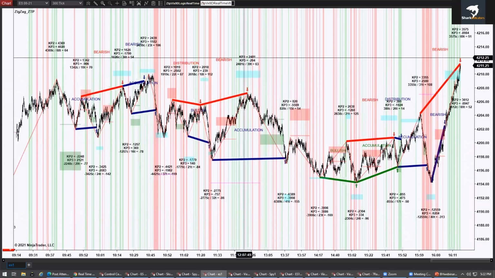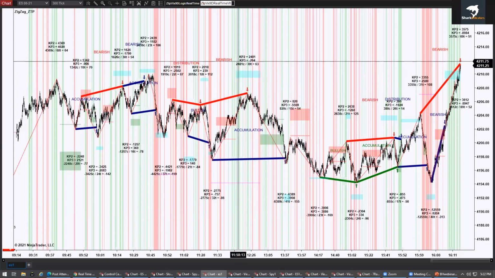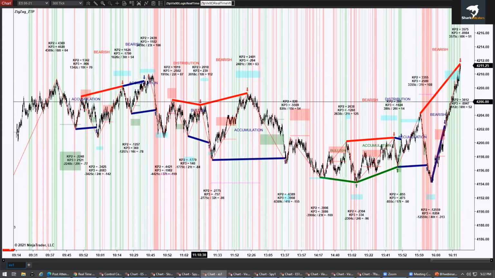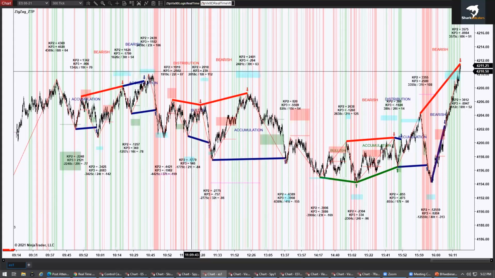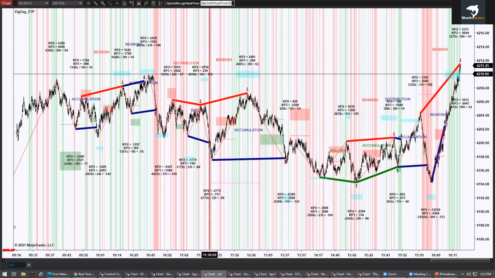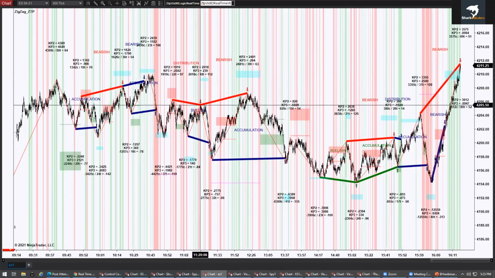Now, these numbers up here tell me how divergent it was. It was divergent by 294 contracts. That's this value that I call KP3 right here. This value of 112 at this distribution is very high, along with this 106 from back here. That's very high relative to the other numbers. And when you see these high numbers combined with a distribution divergence signal, that is something we want to see.